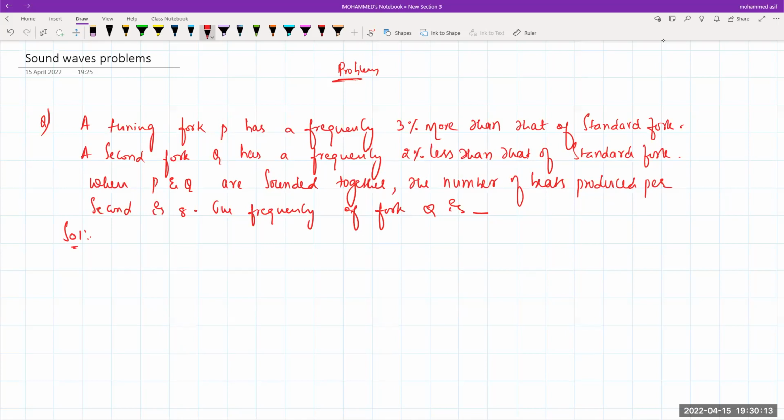Anyone? A tuning fork P has a frequency 3% more than that of the standard fork. A second fork Q has a frequency 2% less than that of the standard fork.